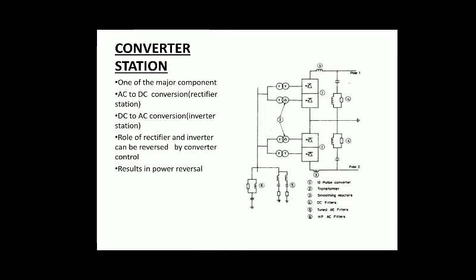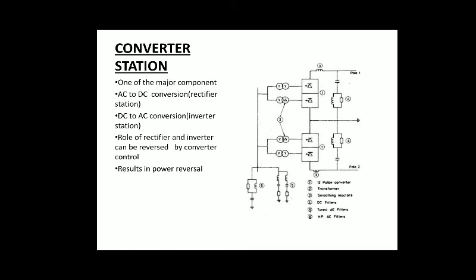So let's look at the diagram and see what these components are. Coming from the left side, there is an AC bus, and after that we have these round symbols. These are transformers. The topmost transformer is connected in star mode.